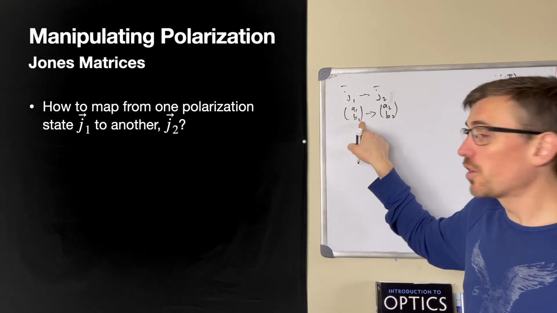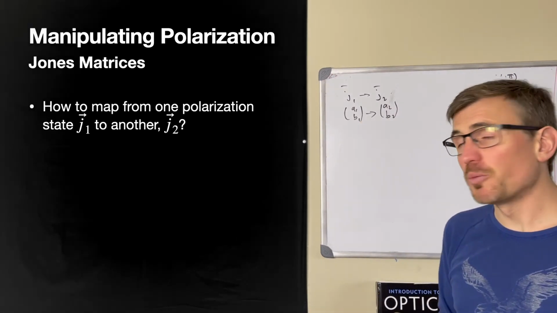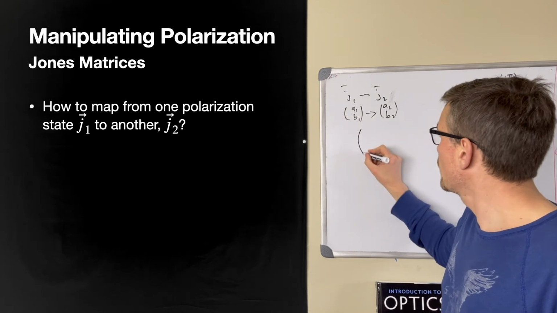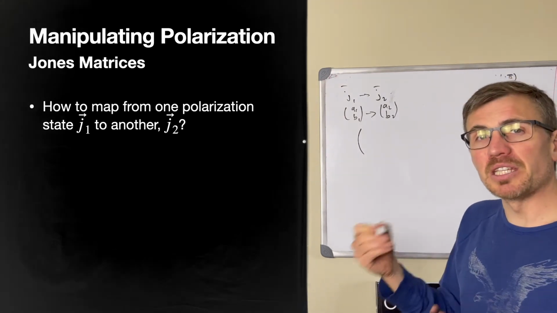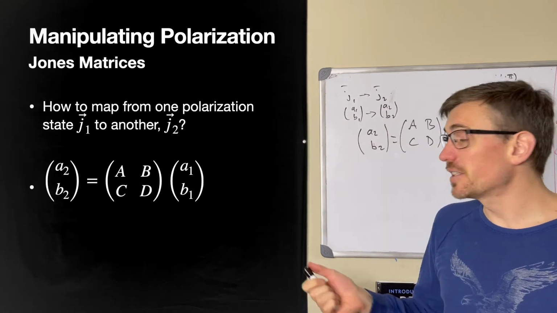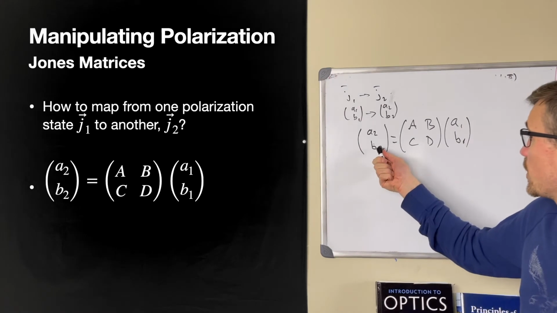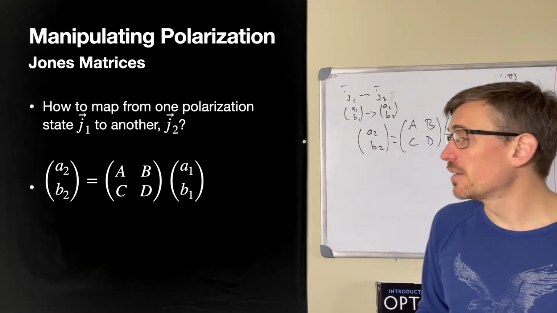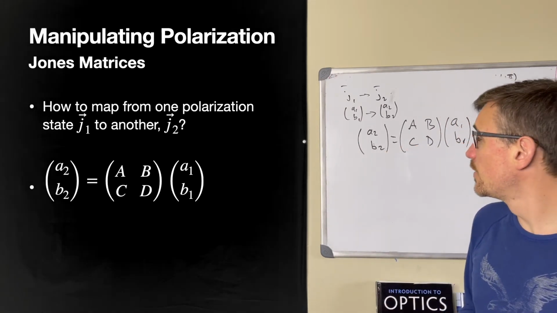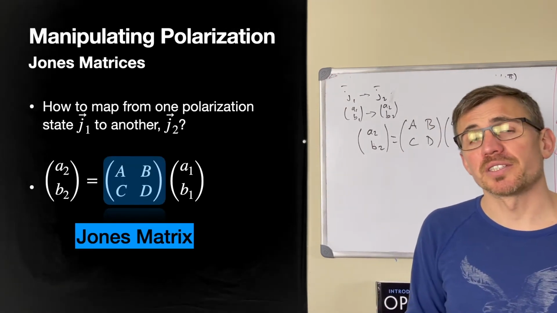How do you map one vector to another? Well, that's a matrix, a 2x2 matrix in this case. So this is the general setup for a Jones matrix, which takes one polarization state and produces another. Different types of elements will have different matrices, but in general, they're called Jones matrices.